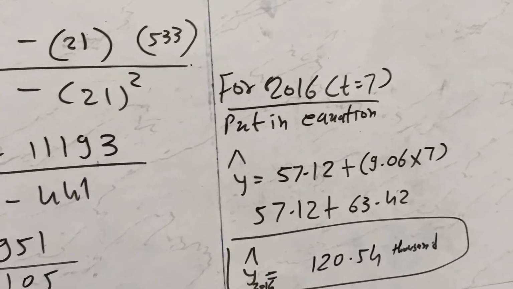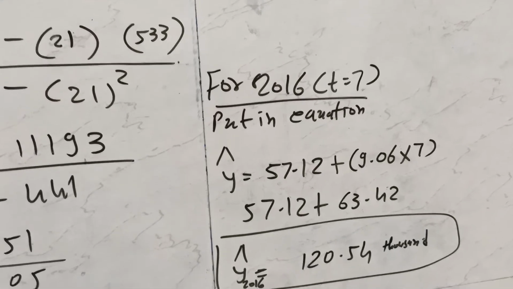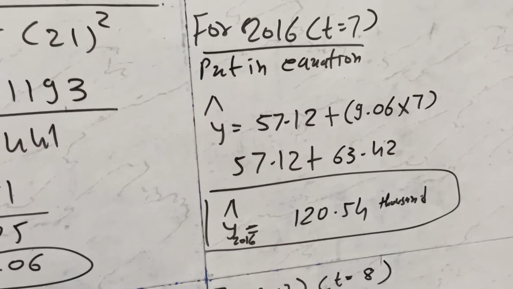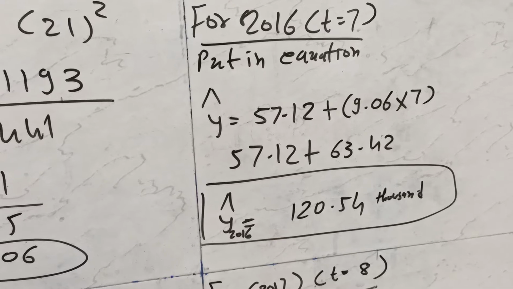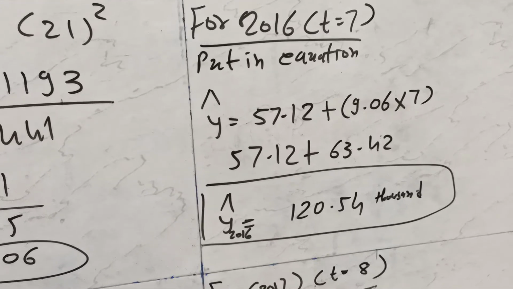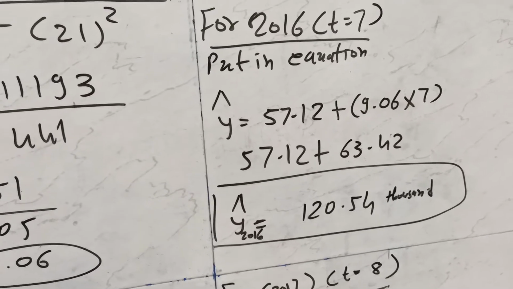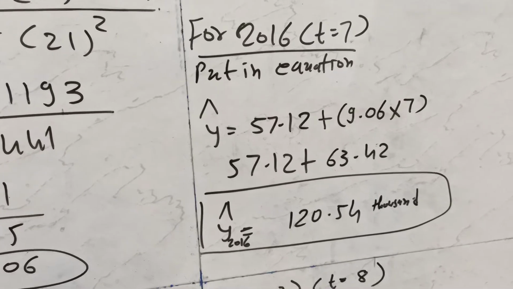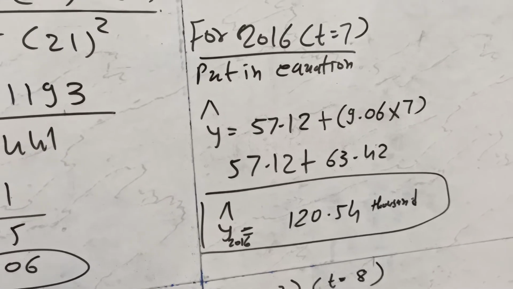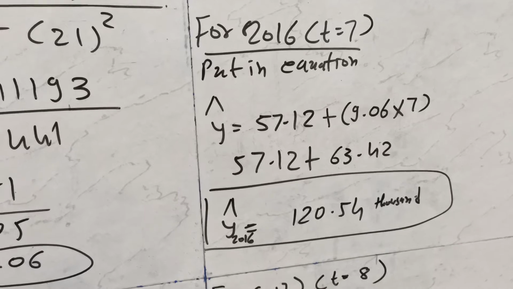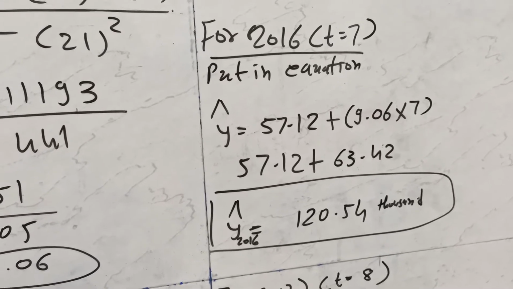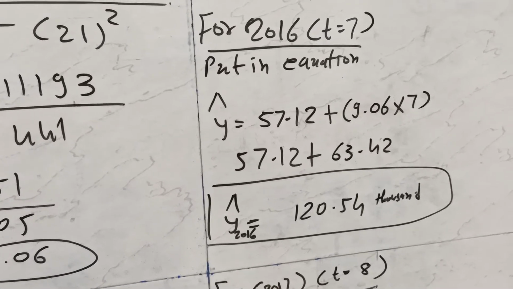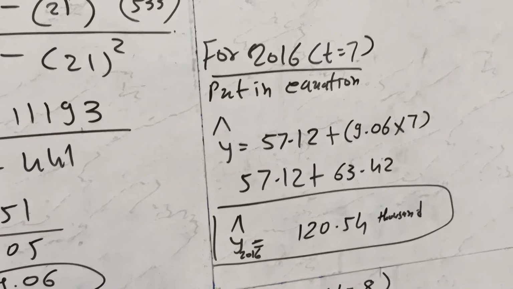So put the value t equal to 7 in this linear equation. Cap of y is equal to 57.12 plus 9.06 into, now in the multiplication the value of t, 7, will be put. As you can see in brackets, 9.06 into value of t 7. So 9.06 into 7 is 63.42.